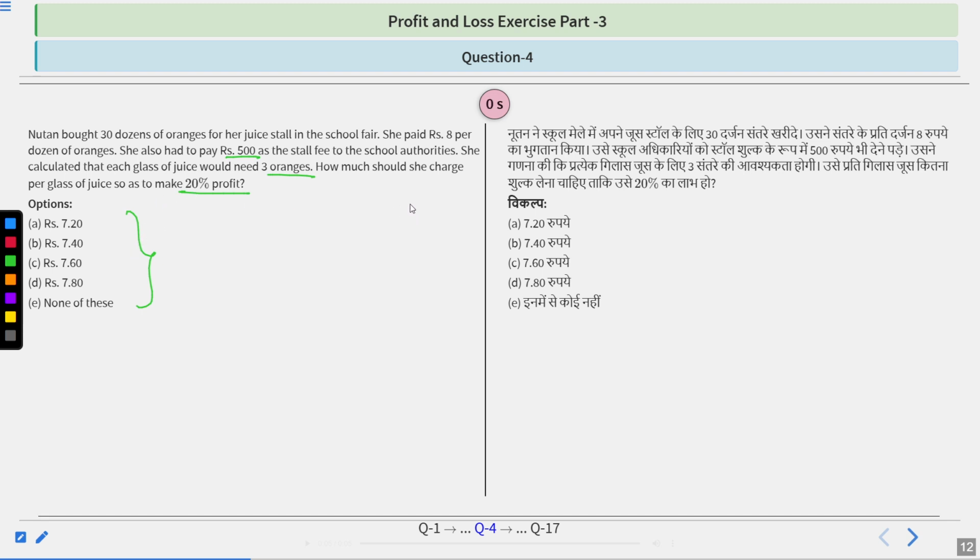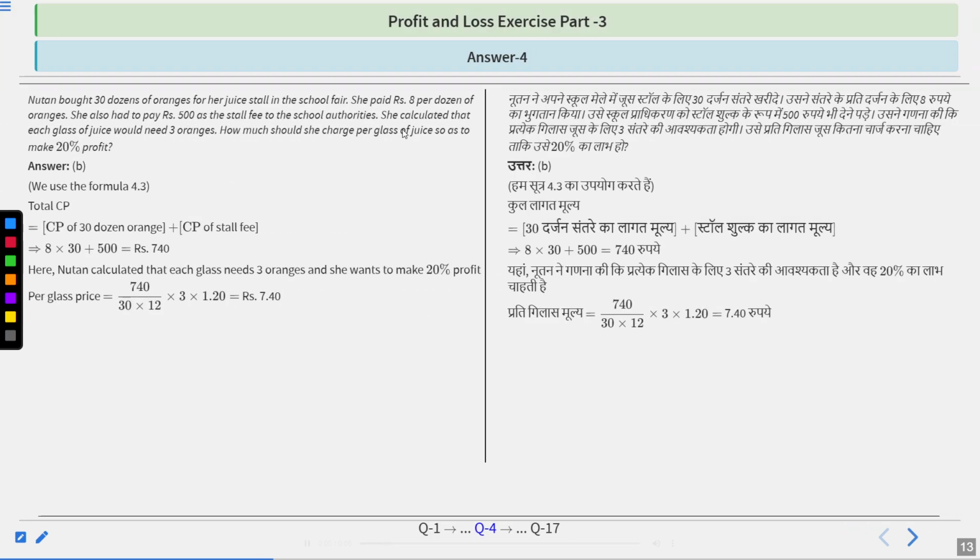Now time's up. Let's see the solution. According to the question, the total CP will be the CP of 30 dozen oranges plus the stall fee. So we multiply 30 dozen by 8 because she pays 8 rupees per dozen, and 500 as the stall fee. So total CP will become 740.